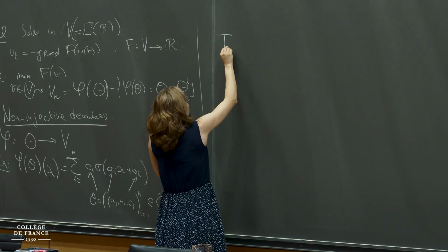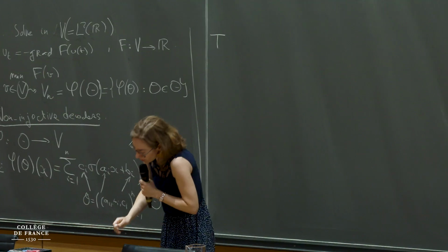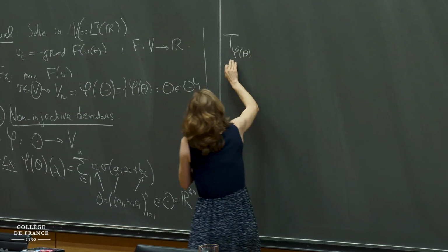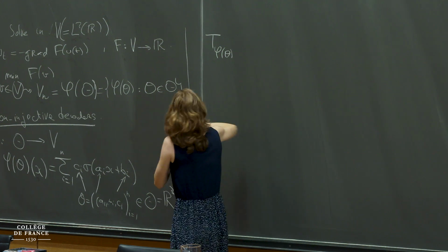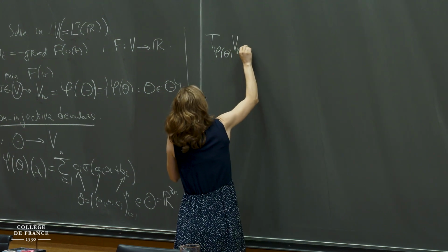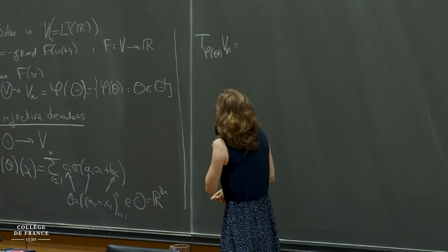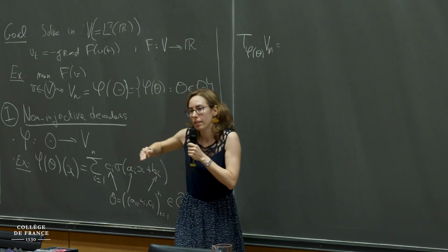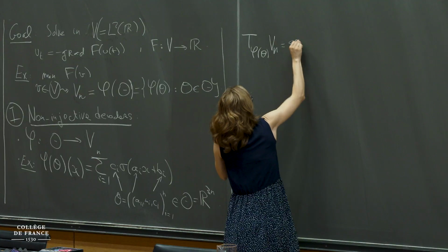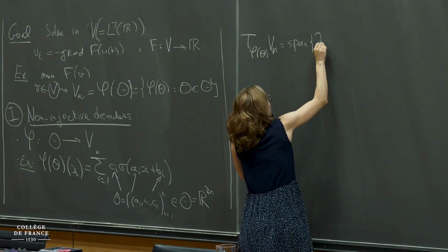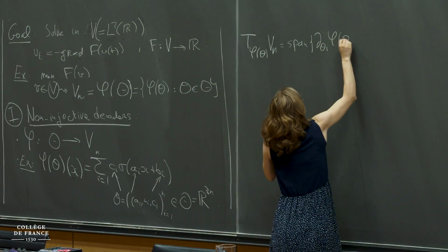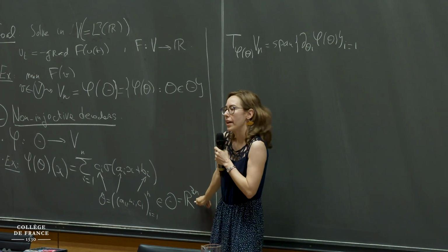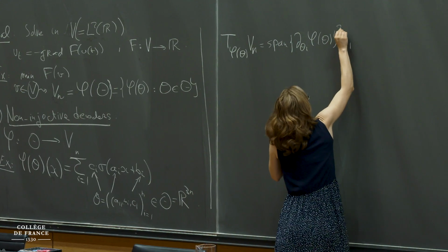So the tangent space at a given function of my family Vn. In fact, what is it going to be? If I now see this as a manifold, it is going to be given by the span of the partial derivatives of phi of theta from 1 to, here I have 3n, so I have to go till 3n.